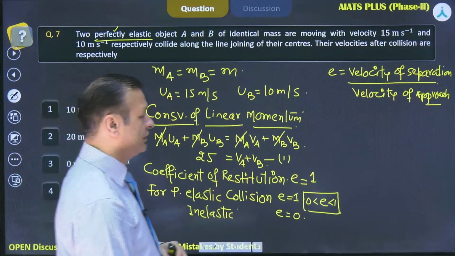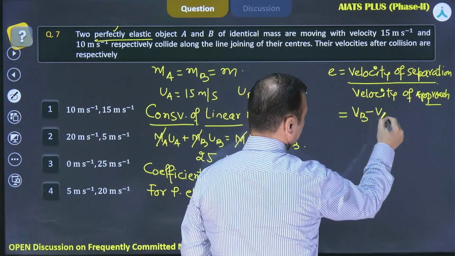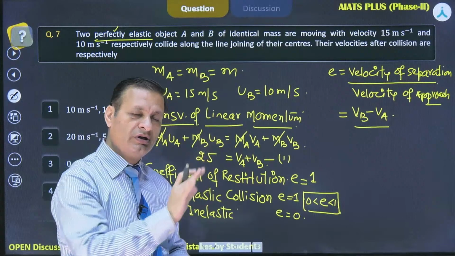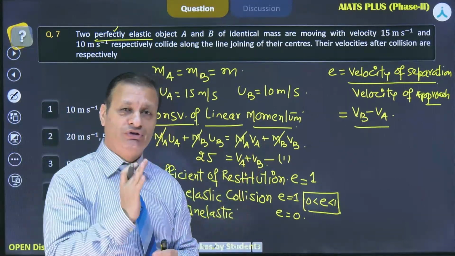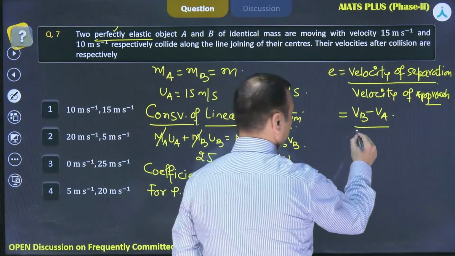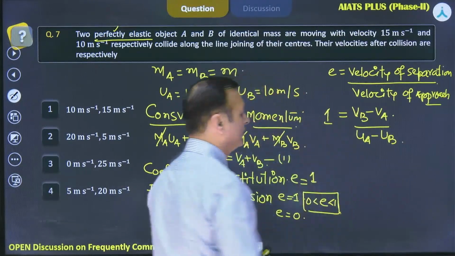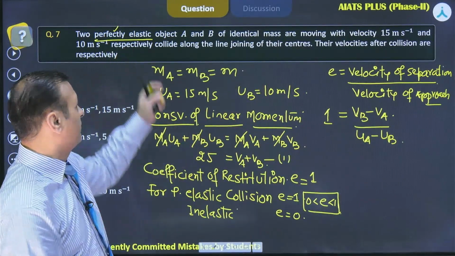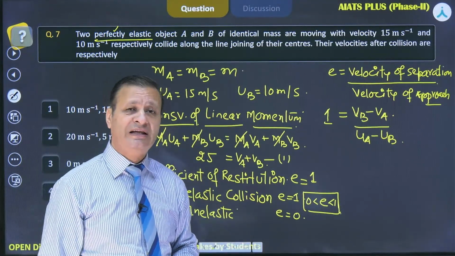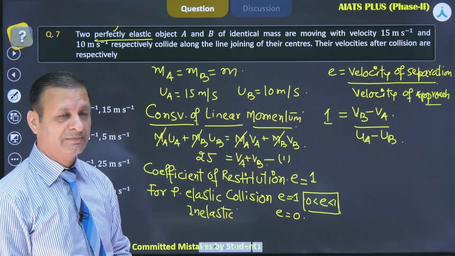So what is the velocity of separation we have? Shall I call it VB minus VA? And what is the velocity of approach? That is before collision, and velocity of separation is after collision. So velocity of approach, shall I call it UA minus UB, and because this is for perfectly elastic bodies, this is taken as 1.